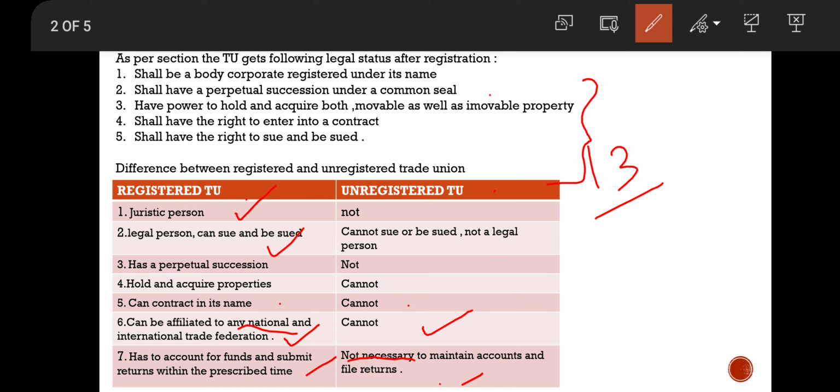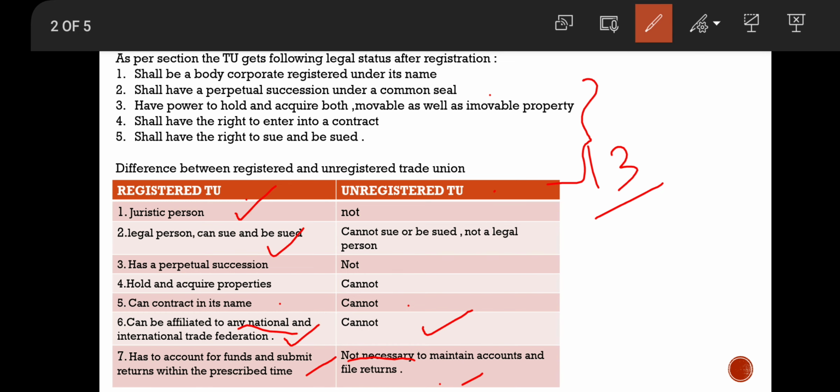And while dealing with the topic of registration, we have already dealt that if a trade union has been in existence for a period of 1 year prior to the application for registration, then they have to affix a copy of their statements with regard to their assets and liabilities and their accounts, etc., along with the application form. You have to keep that in mind too.